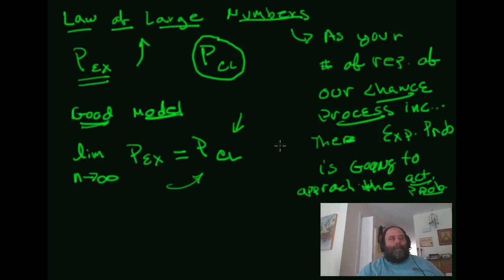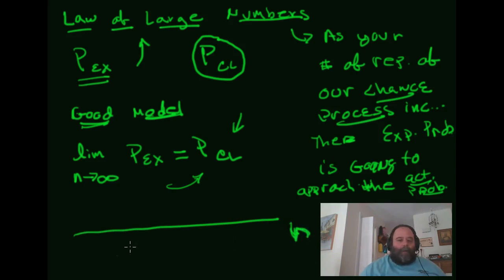So there's a little wiggle room there. If you've done anything with calculus and limits, that makes sense. If you look at this, here is my number of trials, my n, and this is my true or actual probability.